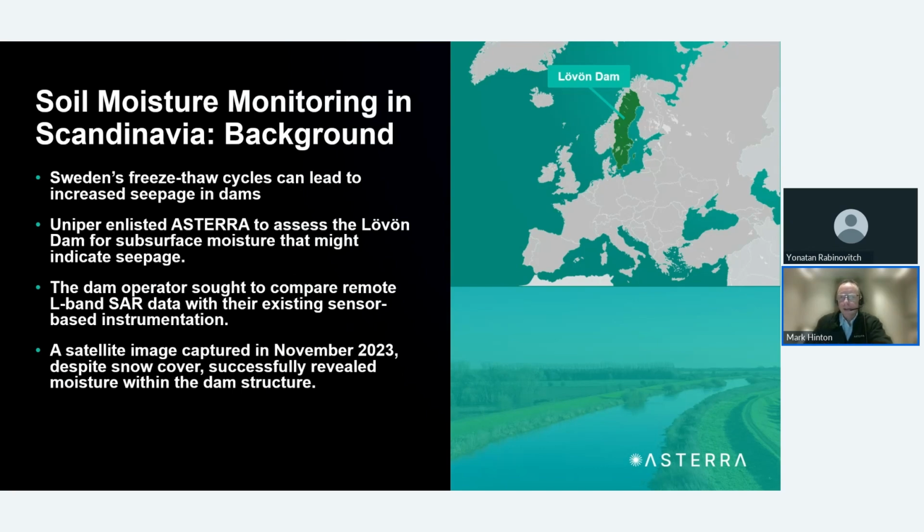That really does illustrate the power of L-band. You wouldn't really be able to do this in any other way. With visual inspection, perhaps 9 months of the year, you would not be able to get beneath the snow and see what's going on. So L-band really does provide a powerful answer here. Next slide.